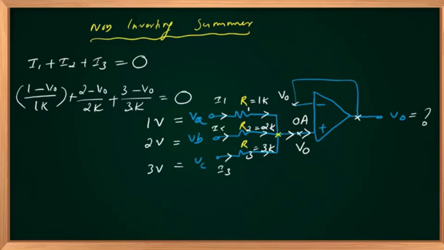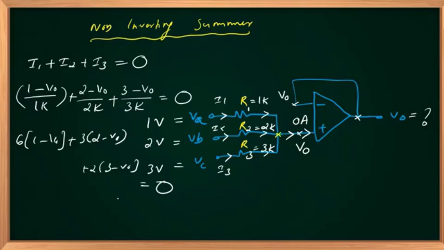Taking the LCM, 6 times 1 minus V out, plus 3 times minus V out, plus 2 times 3 minus V out, equal to 0. How much are we getting after solving this? Solving this, V out. Is it 18 by 11?